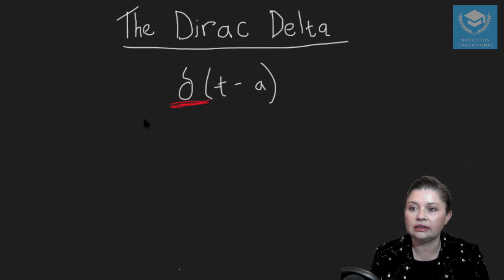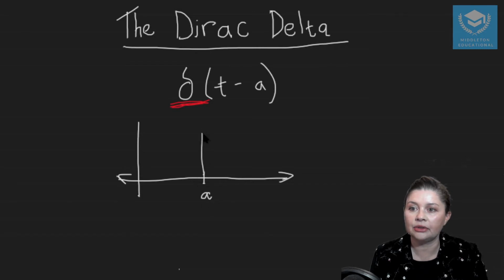So it means that if you have an interval and, say, at time t equals a, you're going to have something happening at that particular instant.